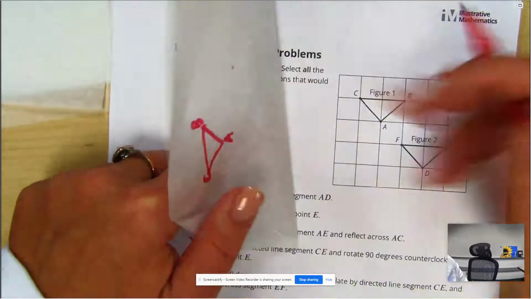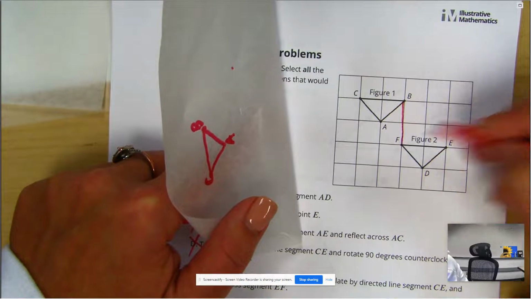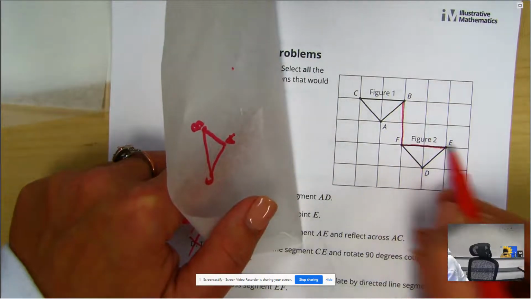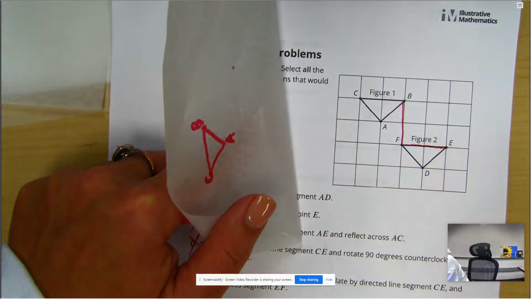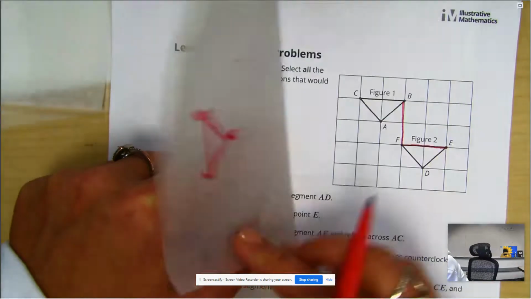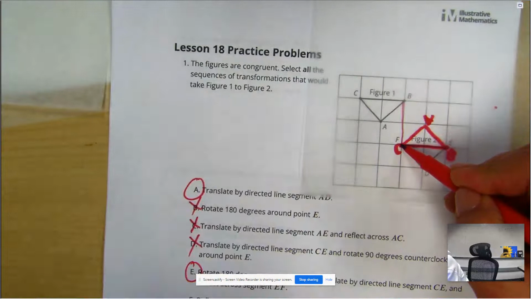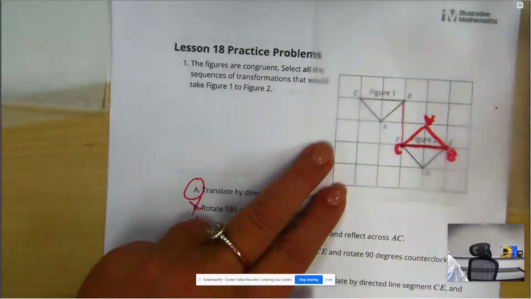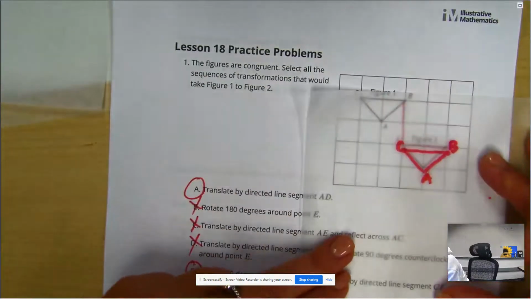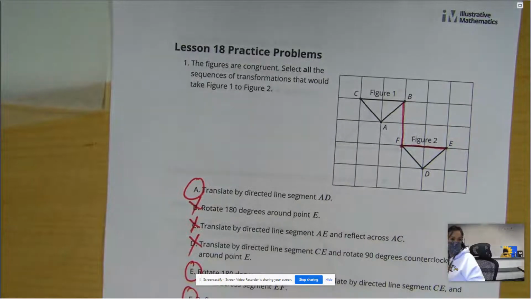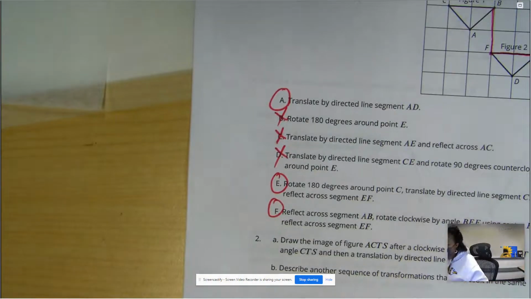Where's that? That's 90 degrees, clockwise using center F. Then reflect across EF. Yes. All right, so we've got A, E, and F.